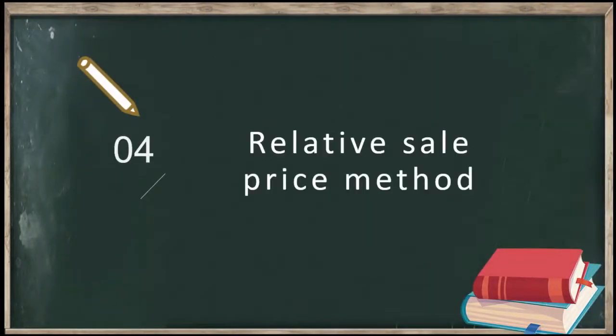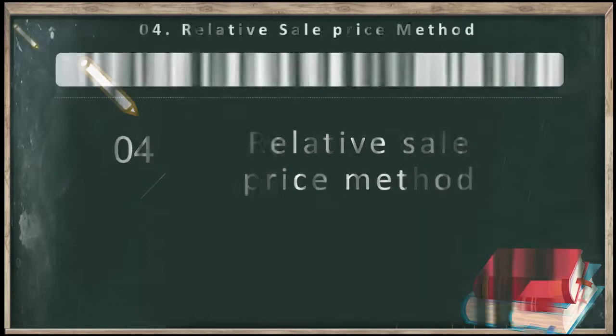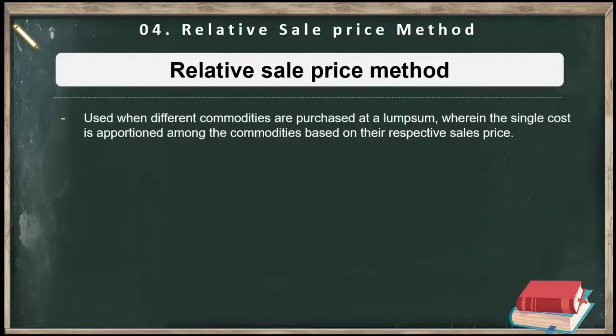Then we have the relative sales price method. It is used when different commodities are purchased at a lump sum price, wherein the single cost is apportioned among the commodities based on their respective sales prices.